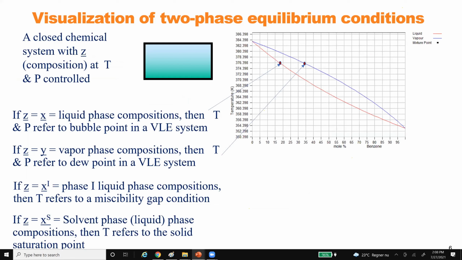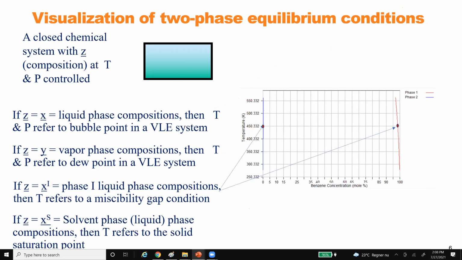At a fixed temperature of 376, if we have a composition of 25, which is the feed composition Z, it will split into a liquid and a vapor at the same temperature. And those liquid and vapor will be in equilibrium. The liquid will be at its bubble point. The vapor will be at its dew point. That's a typical vapor-liquid equilibrium.